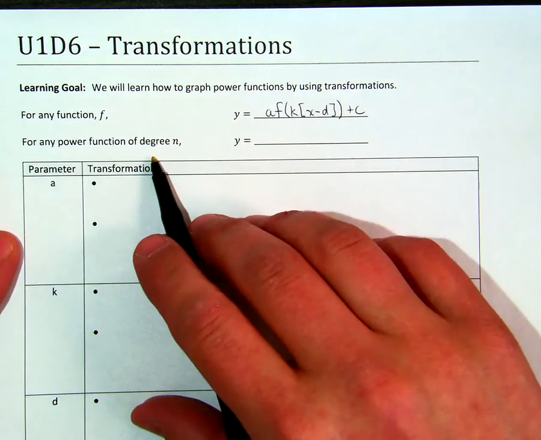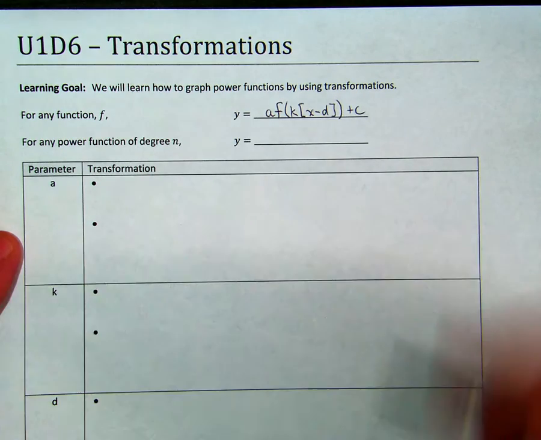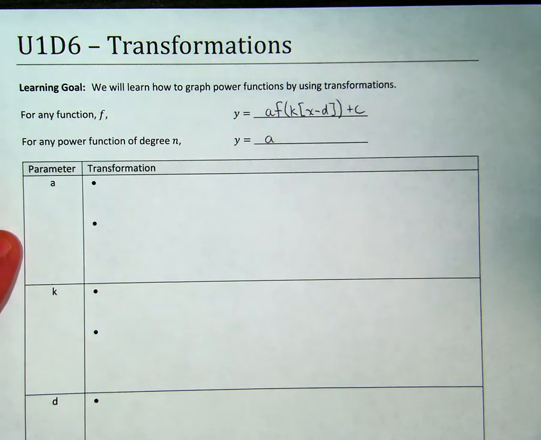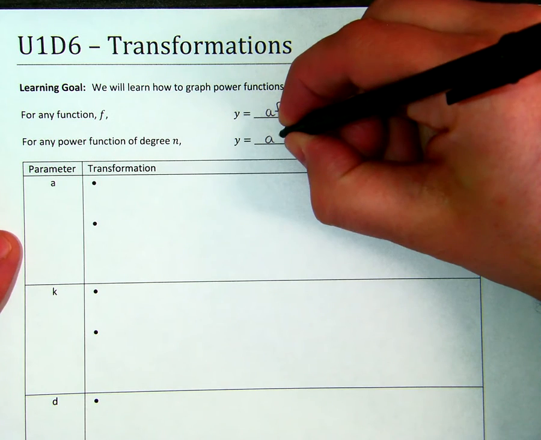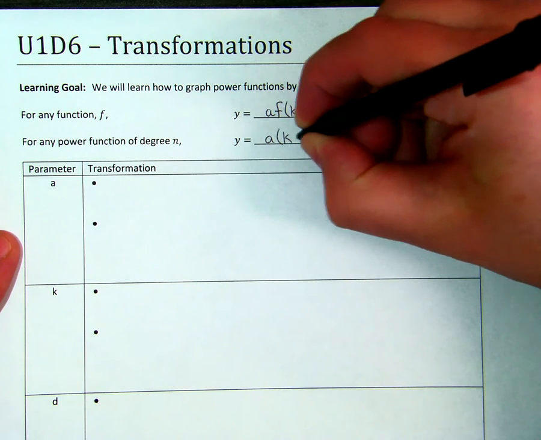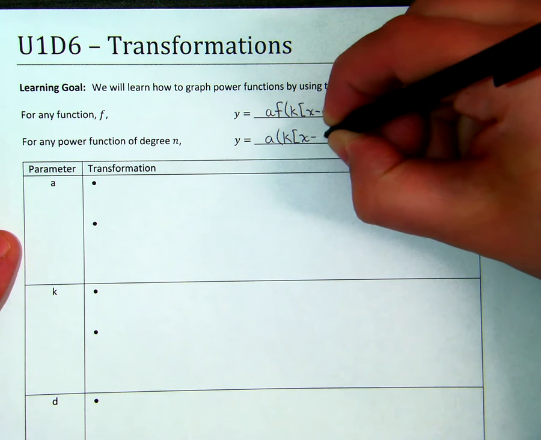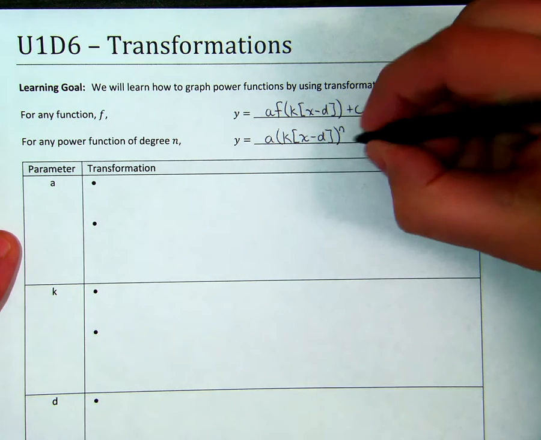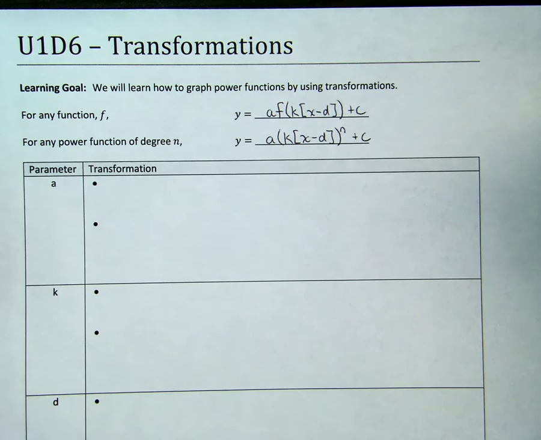For a power function, which is where we started our unit here, for any power function of degree n, you would have a. I'm not going to have f because the function is x to the power of n. So times k bracket x minus d, to the power of n, so there's the power function, plus c.